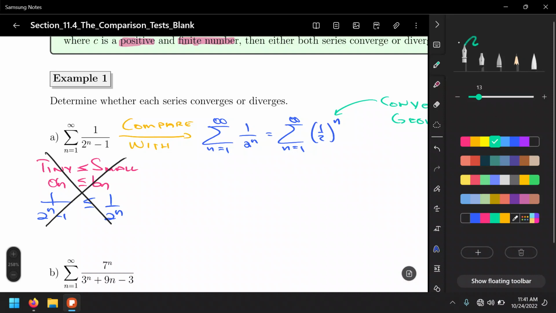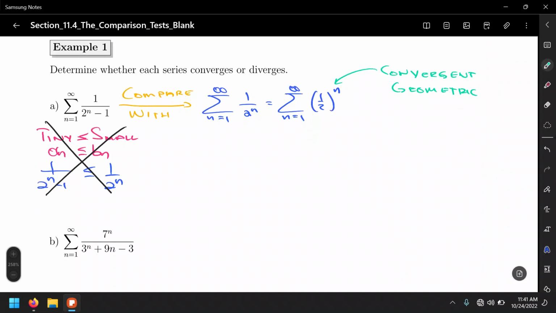Alright, how are we going to go about that limit comparison test? In this case, we're going to set the limit of a sub n over b sub n as n approaches infinity, and that's the limit of a sub n, which is the original series, 1 over 2 to the n minus 1, over the test series, 1 over 2 to the n.